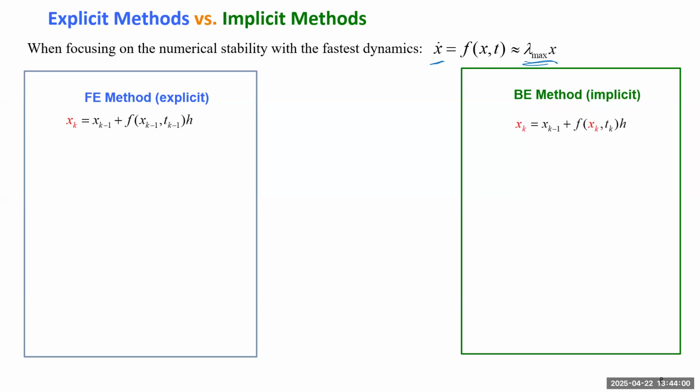If we want to simulate this system using the forward Euler method, which is an explicit method, we use this formula to calculate from one step to the next step. So we just plug this in to approximate the original differential equation.